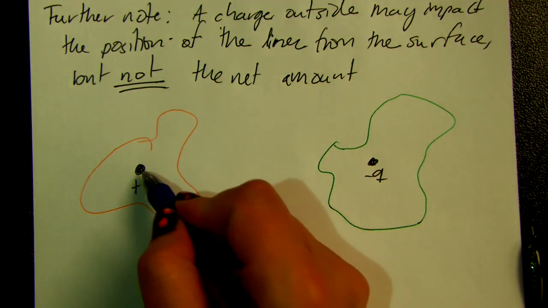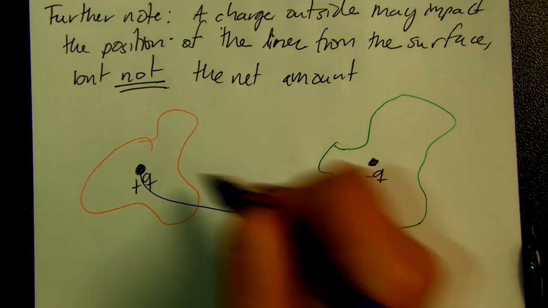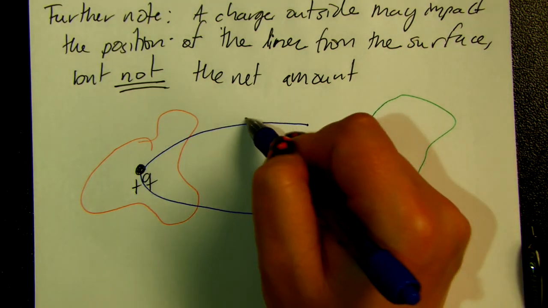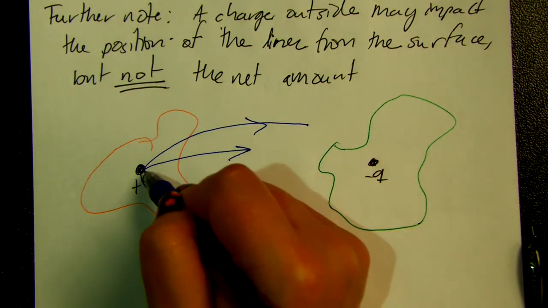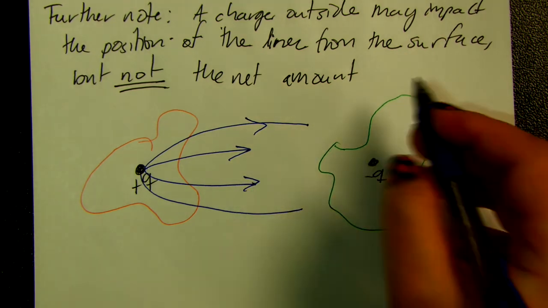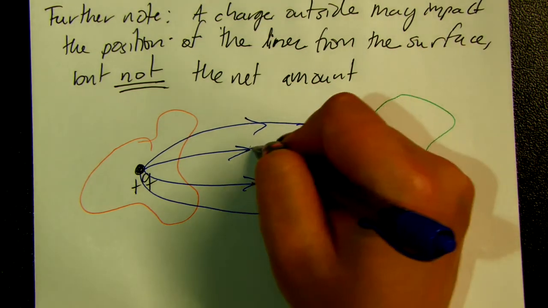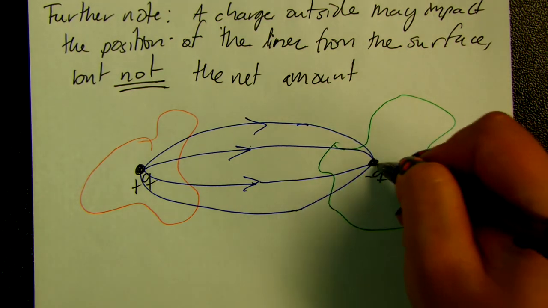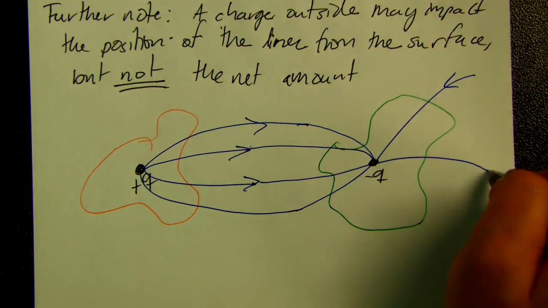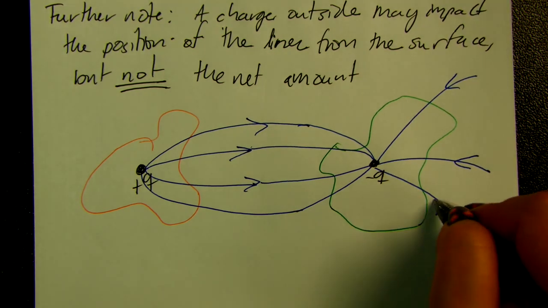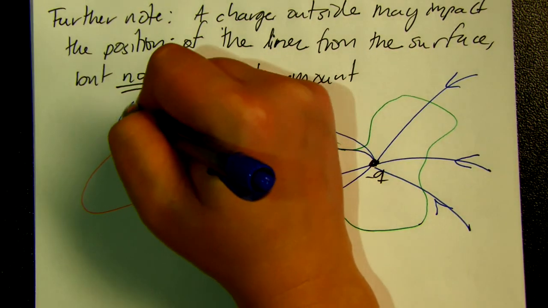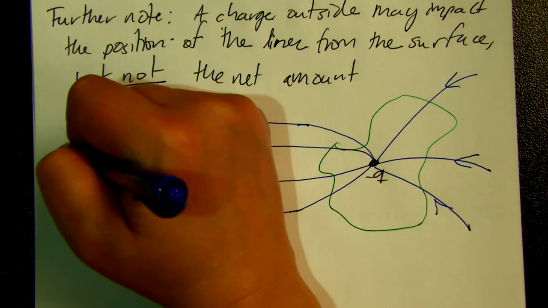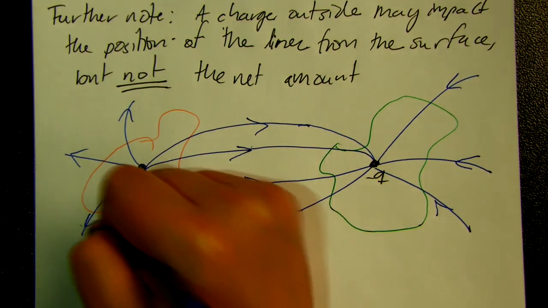We would have field lines which would be warped by the negative charge here, so in this case you've got the field lines coming in here and the field lines which would want to go out in all directions from here.